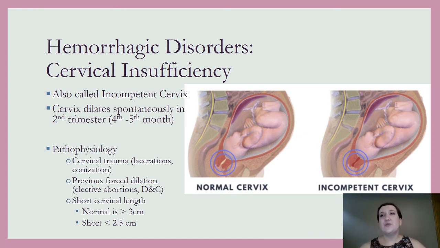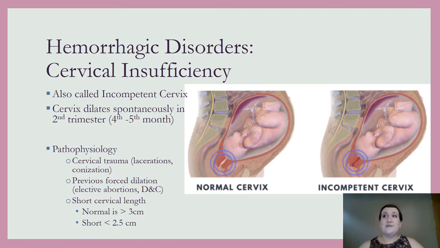So potential risk factors for developing a cervical insufficiency or an incompetent cervix: we could have a history of a collagen disorder. Cervical trauma, so things like a past history of a cervical laceration with a pregnancy, or something called a conization, which is treatment of abnormal cervical dysplasia.